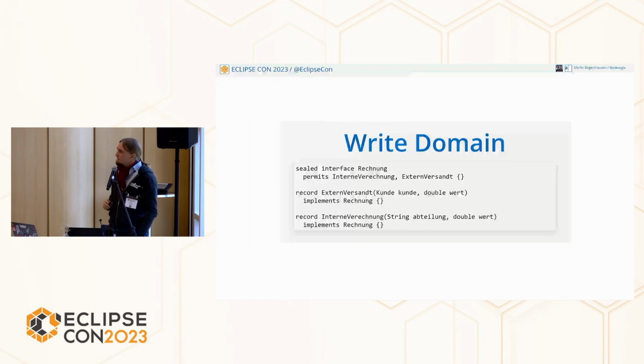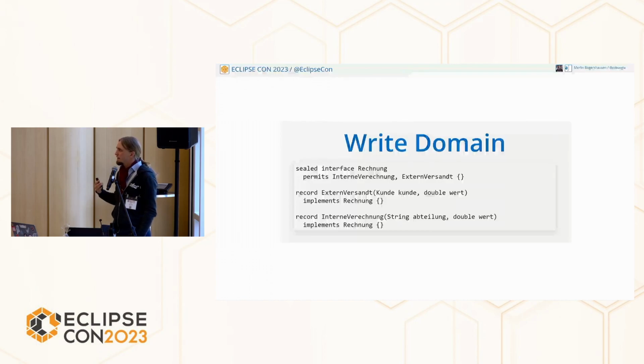Records are also defined as immutable data carriers. They carry the data they have and have no internal state. So nothing to hide, just the data. The notation of a record is pretty easy and basically looks like a constructor. That's on purpose. We have every component for the external invoice.